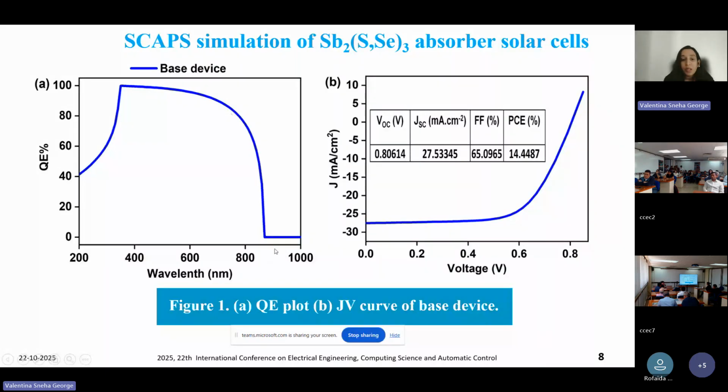And the sharp drop near 850 to 900 corresponds to the band edge of the absorber. So these results indicate that strontium titanate provides excellent optical transparency and reduces both surface and bulk recombination compared with CdS-based devices.